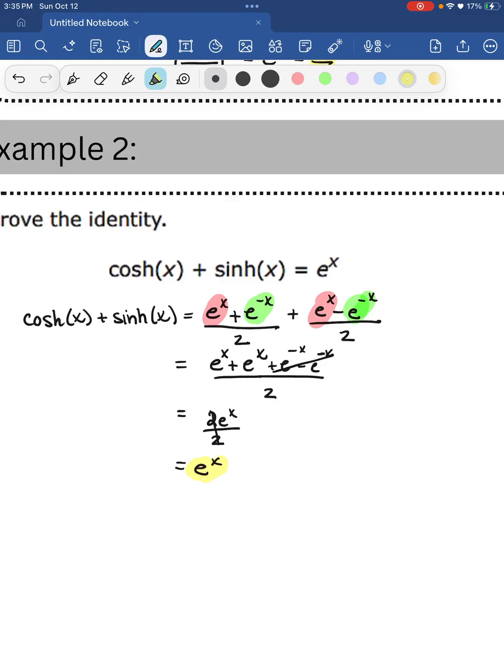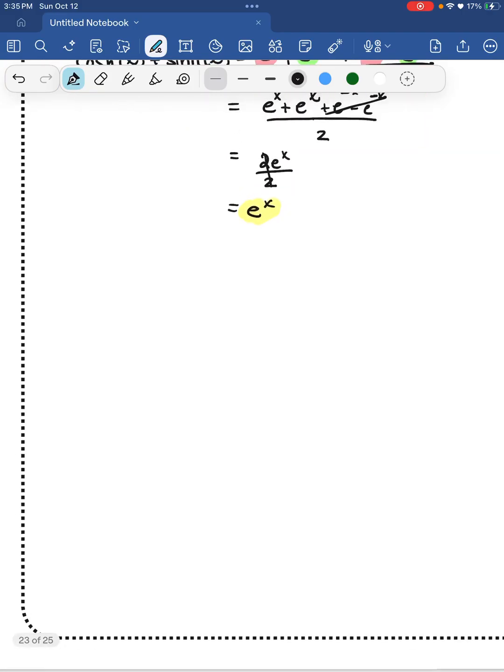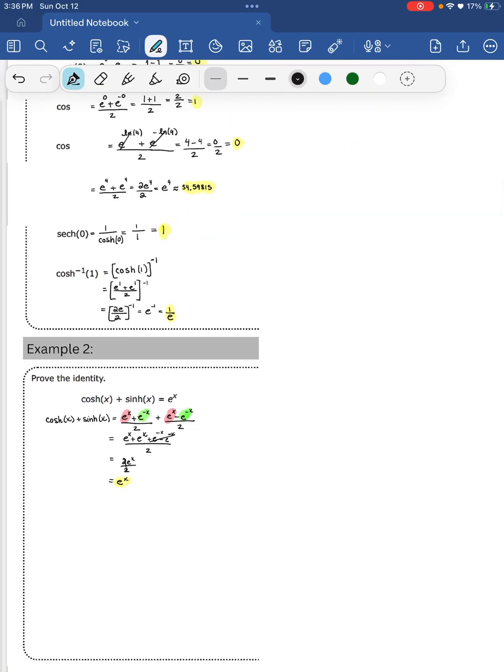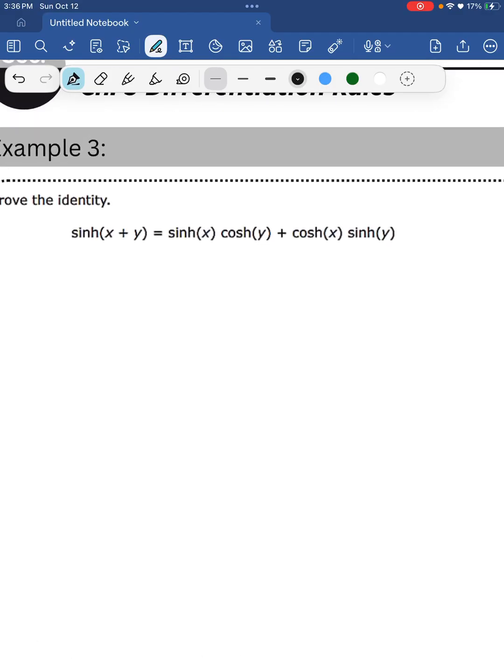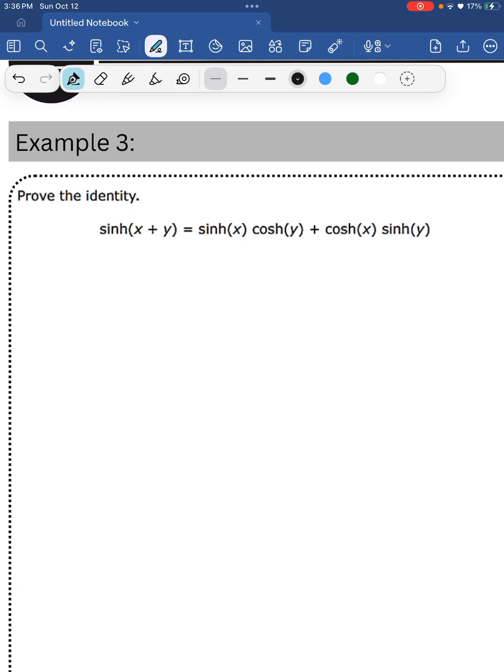So we have sinh of x times cosh of y plus cosh of x times sinh of y. Sinh of x can be rewritten as e to the x minus e to the negative x all over 2. So this piece here happens to be this right there.